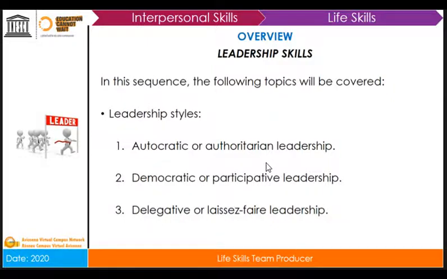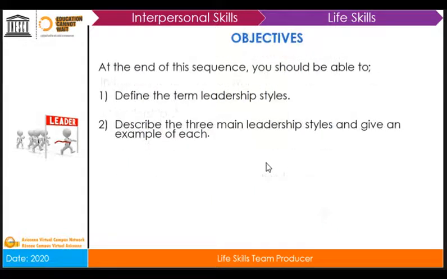Delegative or laissez-faire leadership. Therefore, dear learner, at the end of this sequence, you should be able to define the term leadership styles and describe the 3 main leadership styles you know.